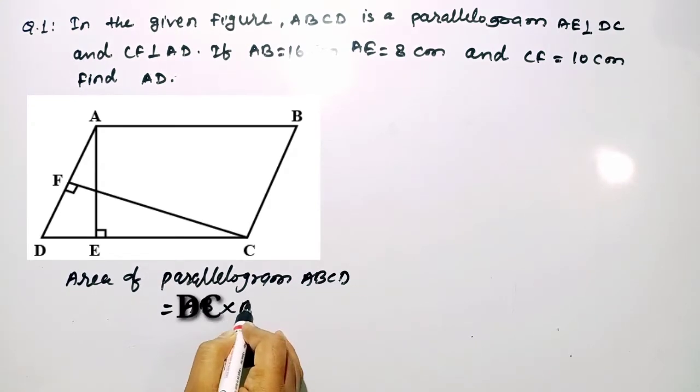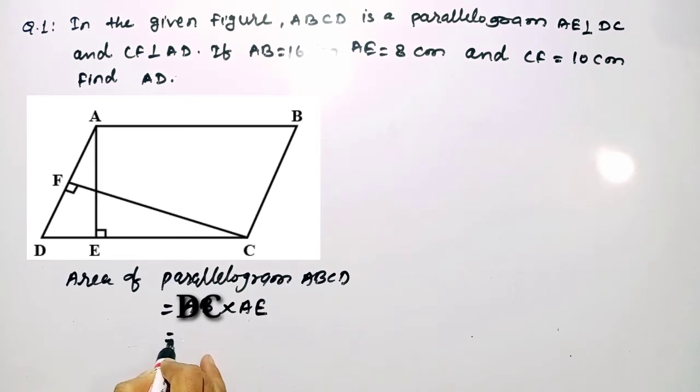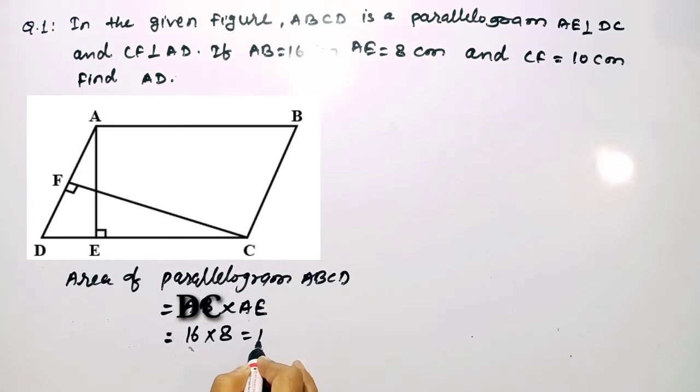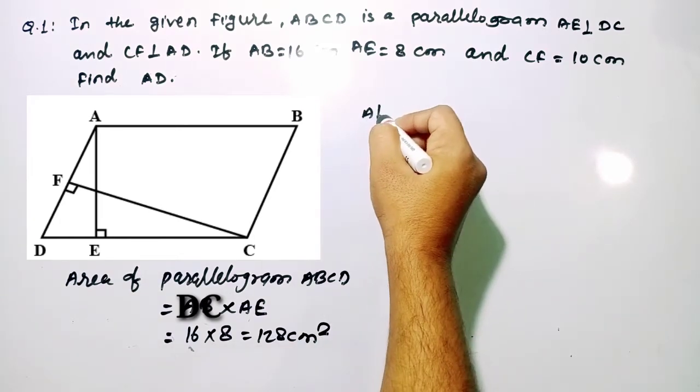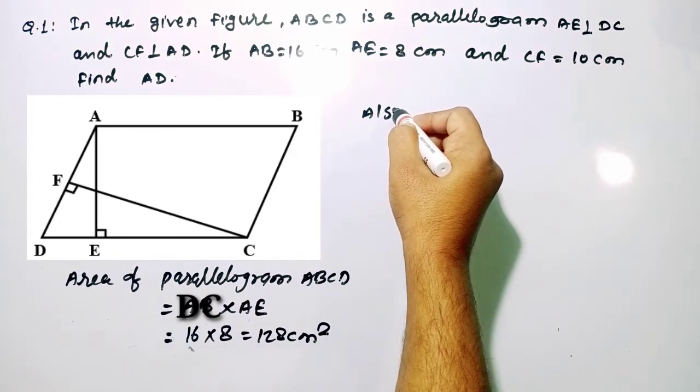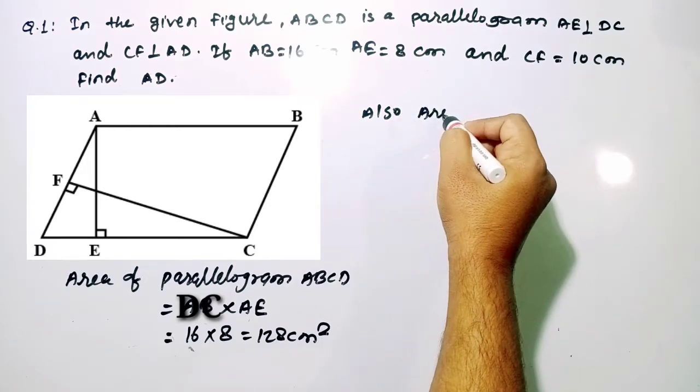So base is DC and height is AE. The value of DC is 16 and AE is 8. So here we are getting 128.